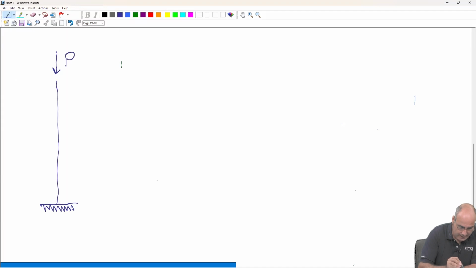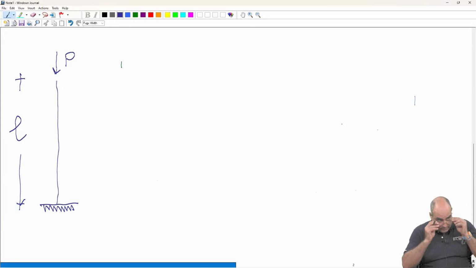Imagine that we do have, let's call it, a column like this. Okay, typical scheme of a precast column, cantilever column.